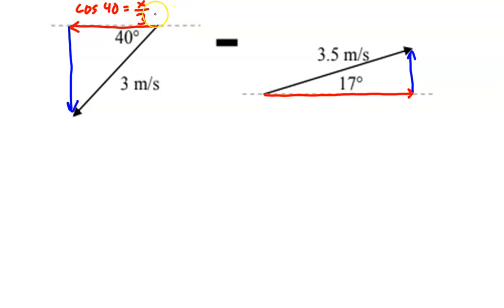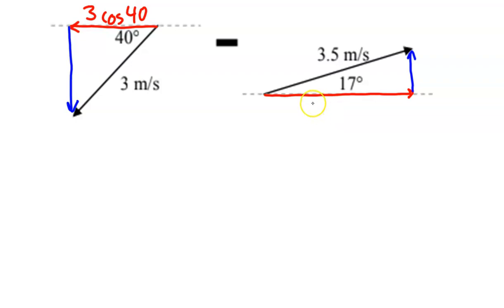A little bit of simple algebra tells us that the unknown equals 3 times cosine of 40. Most of the time when I write these out, I'm just going to skip that algebra rearrangement and go, okay, hypotenuse times cosine of 40.